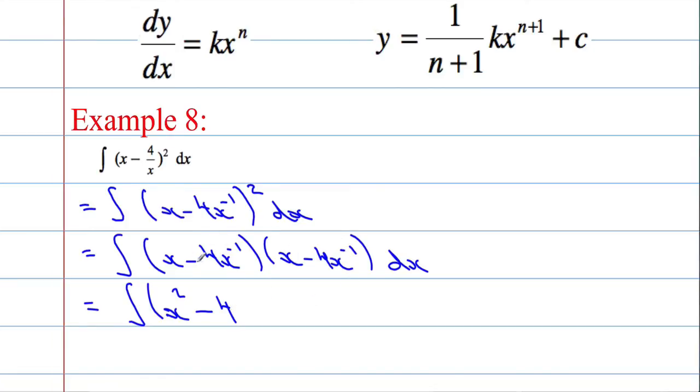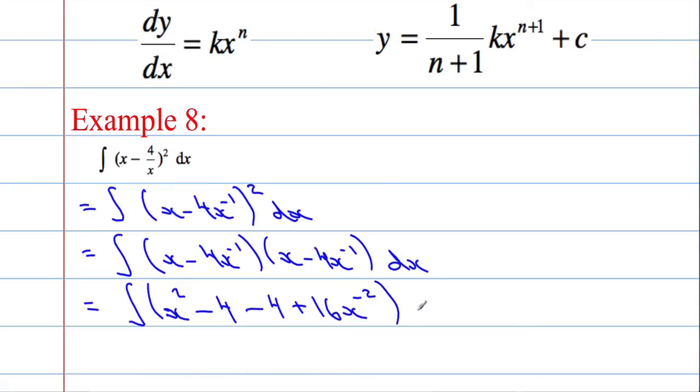Similarly, when I do this, negative 4x to the negative 1 times x is going to give me negative 4, since x to the negative 1 times x to the power of 1 is the same as x to the power of 0, and x to the power of 0 is 1. 4 times 1, 4. And then a negative times a negative is a positive. 4 times 4 is 16, and x to the power of negative 1 times x to the power of negative 1 is x to the power of negative 2, because we add the powers.